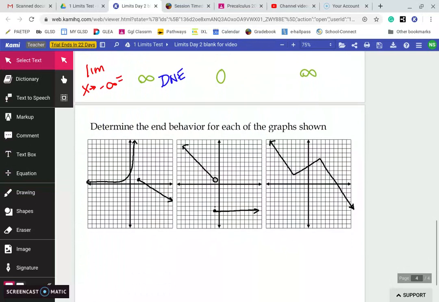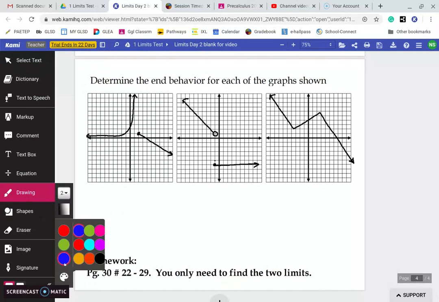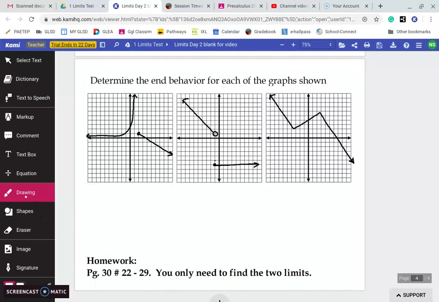Okay, our last slide here. Again, if you want to try this one on your own, pause the video, see how you do, check your answers, great. If not, you can just stay with me and we'll do these last 3 here. So the limit as x approaches infinity and the limit as x approaches negative infinity.